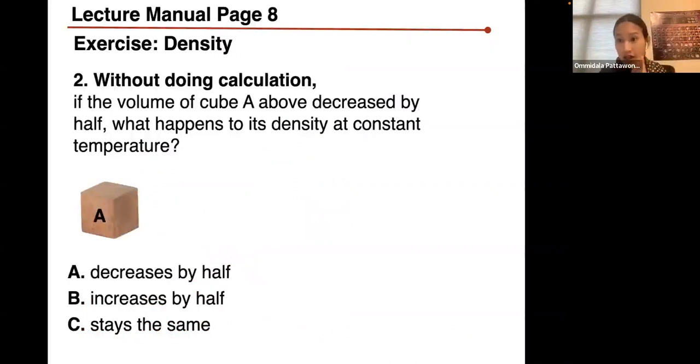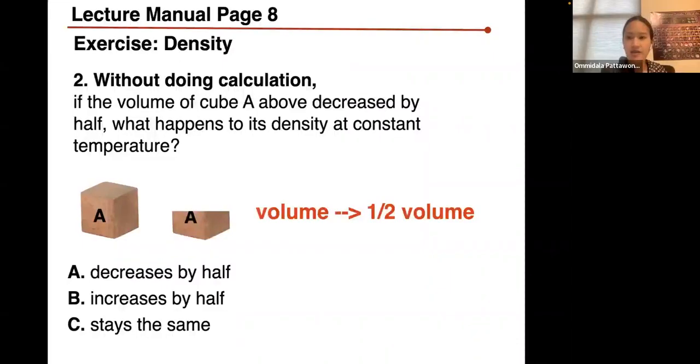Now, what about if you have a solid object? Okay, so I'm talking about solid. Okay, I'm not talking about any other states of matter. Okay, so if you have a solid, cube A for example. If I cut that A in half, chop it in half, that means the volume of A decreased, right? Because you cut out that part of A, so the volume of A decreased.